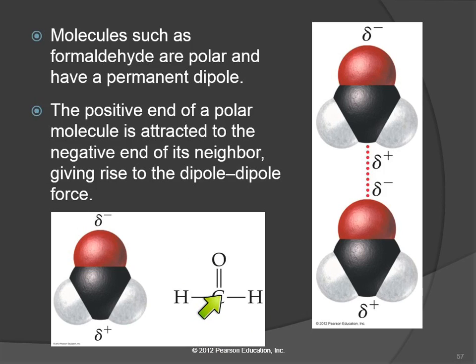And so we would predict from my little tricky rules that this would be a polar molecule, and it is. The oxygen is more electronegative, and so this end of the molecule has a negative charge and this end has a positive charge. So when 2 formaldehyde molecules are near each other, there's an attraction between them, and that's the dipole-dipole force. It's a force between a dipole in one and a dipole in the other.